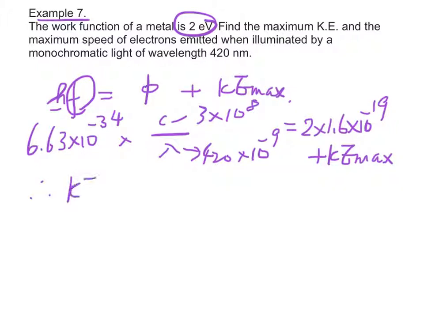Therefore, the maximum Ke of photoelectrons equals 1.54 times 10 to the power negative 19 joules.